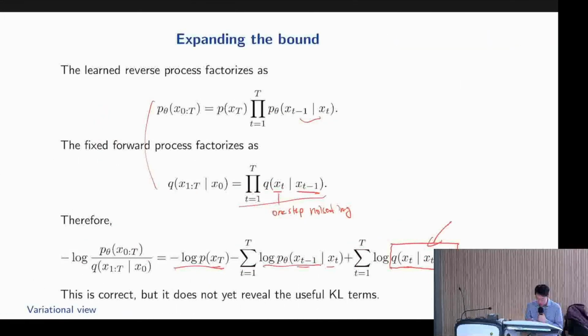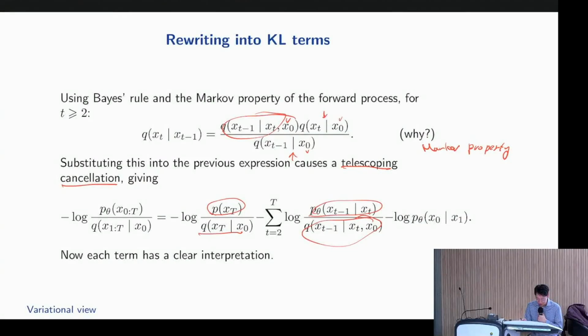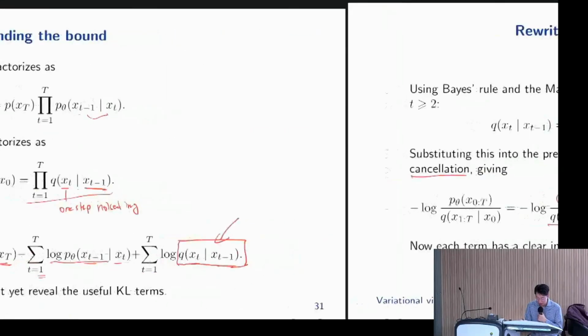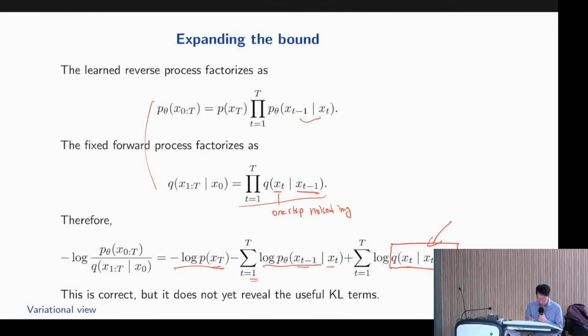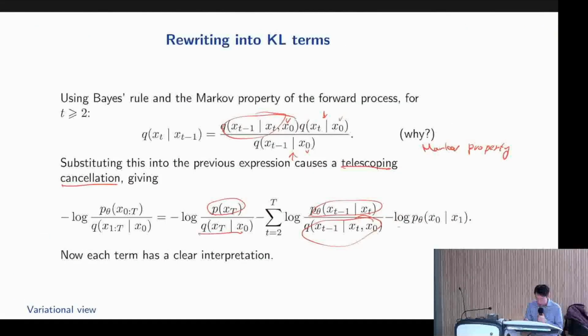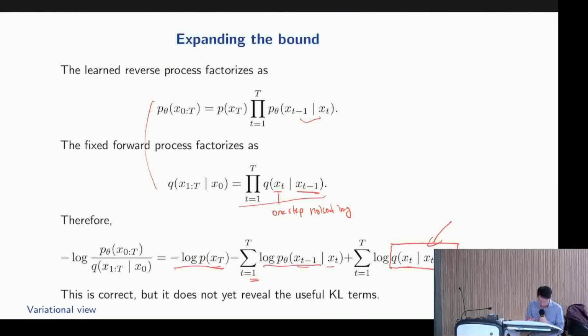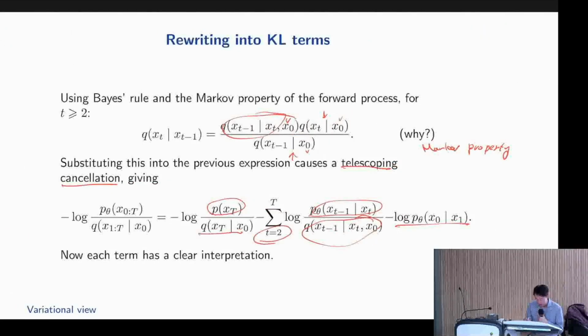And here we switch the index. So here we used to sum from 1. Now we're going to sum from 2. And when t is equal to 1, this guy came here. So just notice the index change. So this used to sum from 1. Now we're going to sum from 2. And when index is 1, it's here.